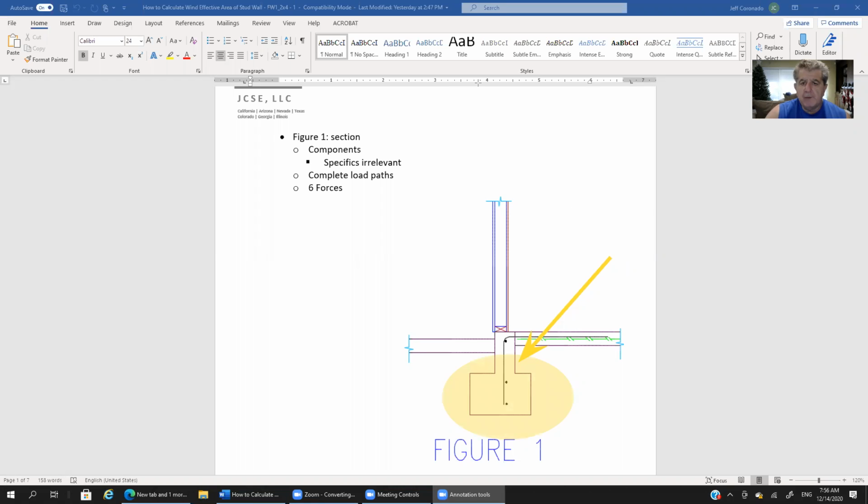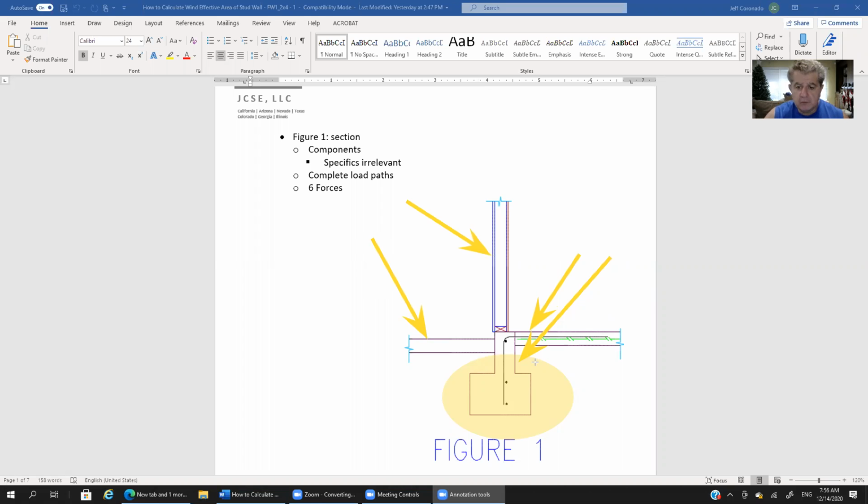Above your foundation, here we have a concrete slab on grade. Looks like this is an exterior wall. So here you have your pavement, whatever's on the outside of your structure. And then here is your stud wall.